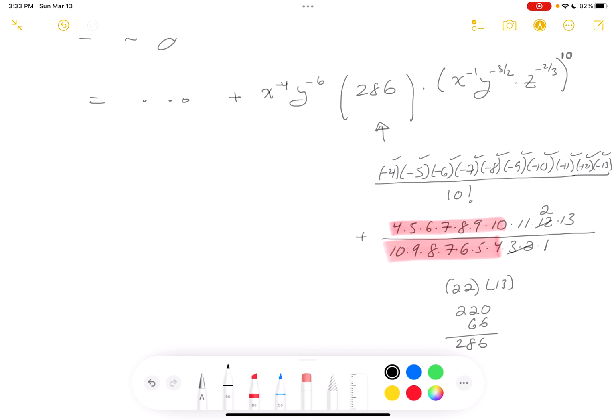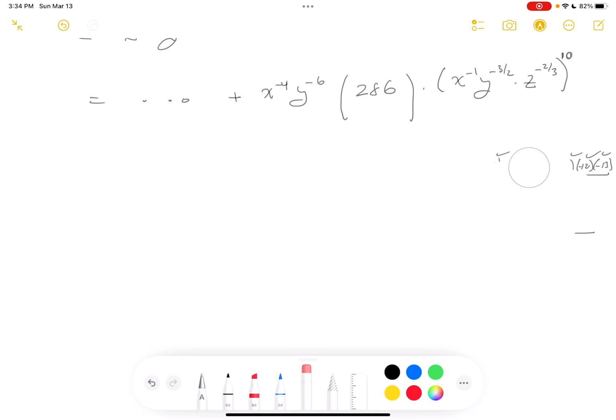All right, so the question becomes now, they want to know the term. Now, let me get my eraser out. And I'm going to go through it one step at a time. I'm going to try to write it in a neat way, too. So what do we have over here? We have 286. Let's do our x's first, right?